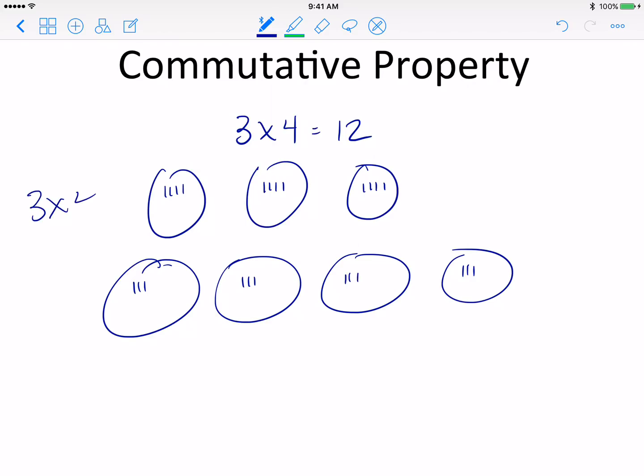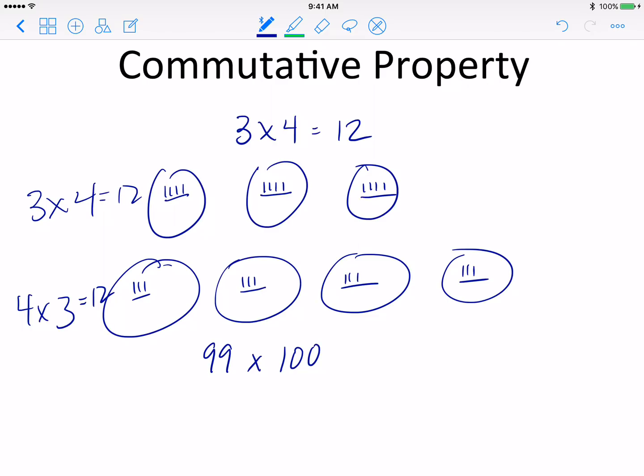So this would be 3 times 4. This would be 4 times 3. And they're all equal to 12. So 1, 2, 3, 4, 5, 6, 7, 8, 9, 10, 11, 12. This would be 1, 2, 3, 4, 5, 6, 7, 8, 9, 10, 11, 12. So in any multiplication fact, I could have 99 times 100.